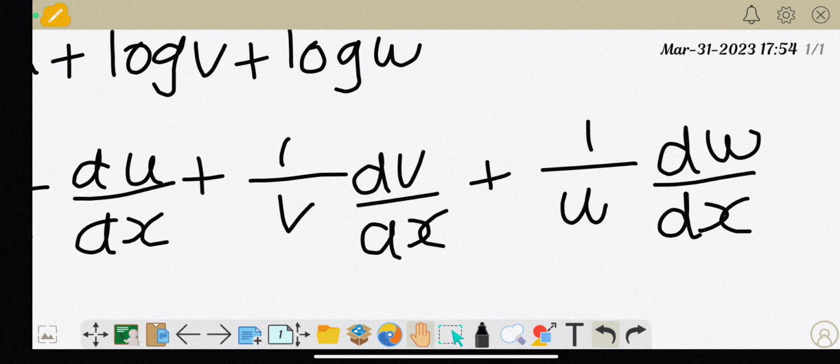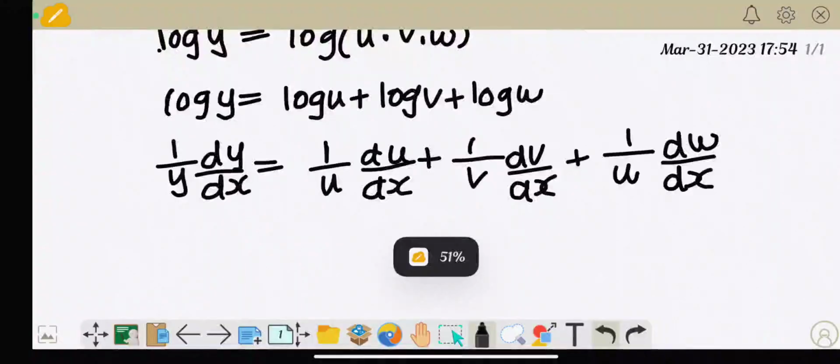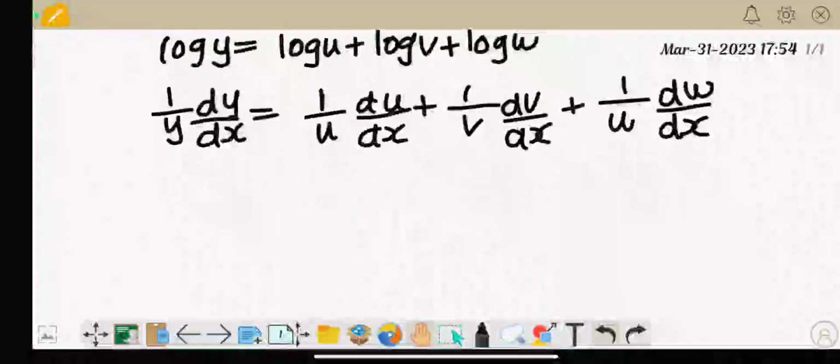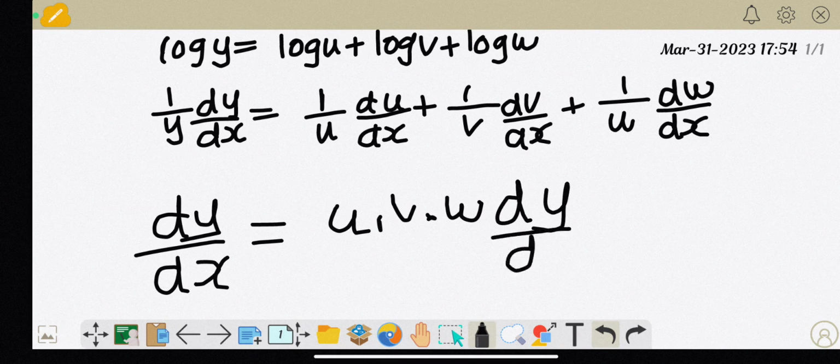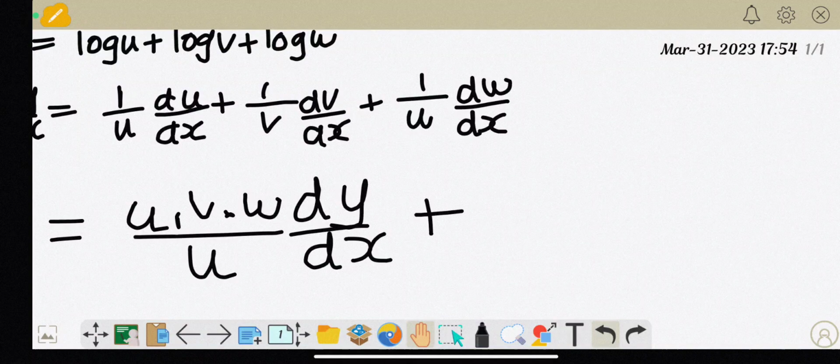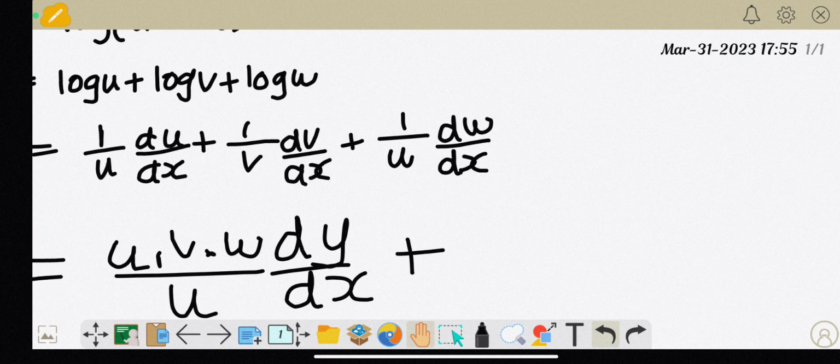Next step what you have to do? Send y to the right hand side. So what is y? y is u into v into w, right? So multiply dy by dx, send it to the other side. So what happens? It multiplies. So u into v into w, dy by dx divided by u. Correct. Plus it gets multiplied with all the terms. So here you can see u and u will cancel.